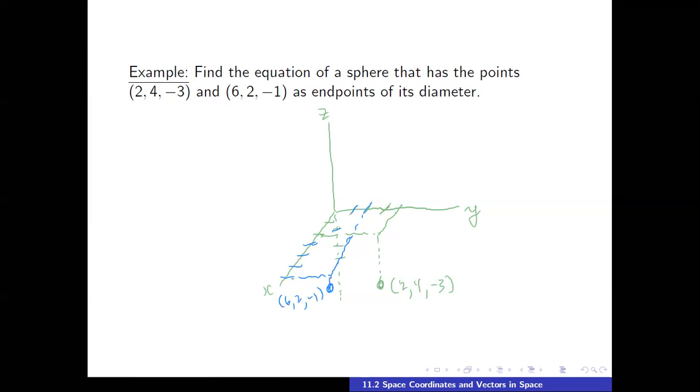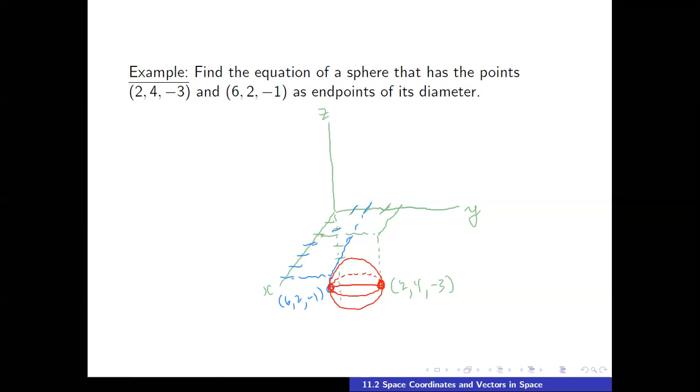So this right here is supposed to be the diameter of my sphere. Does that make sense? This sphere is going to go, I guess, like this and like this. So the question is, what is the equation of that sphere?